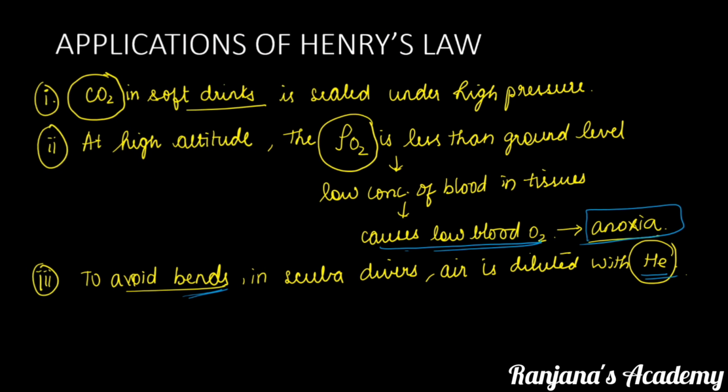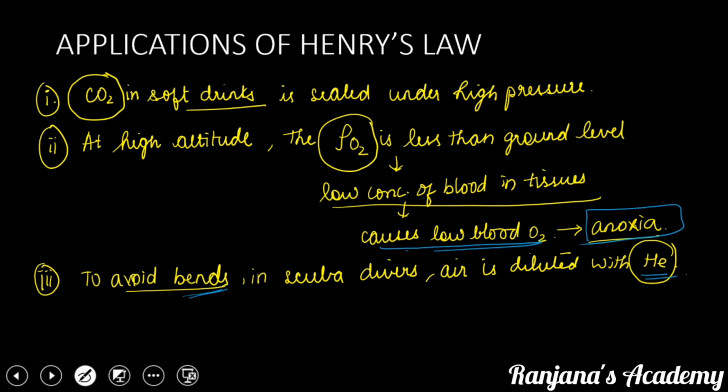Now let us understand the applications of Henry's law in our day-to-day life. Carbon dioxide sealing and packaging in soft drinks is under high pressure. At high altitudes, the partial pressure of oxygen is less than at ground level. So people living in hilly areas have a low concentration of oxygen in their blood and tissues.